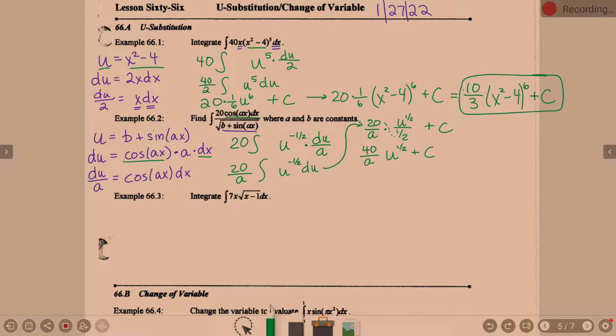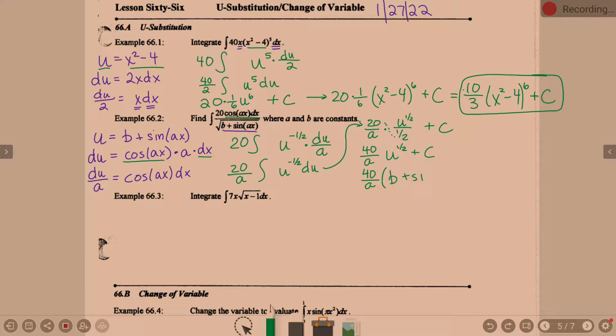Except we started in x, we want to end in x. So 40 over a times something to the 1/2. What was u?